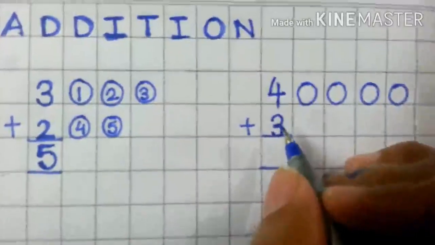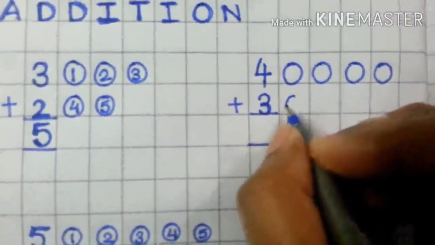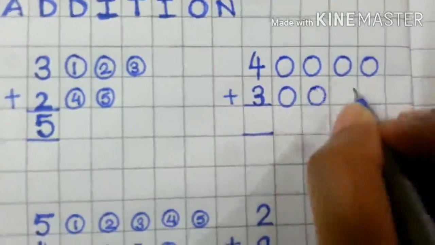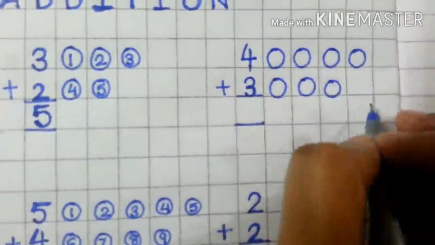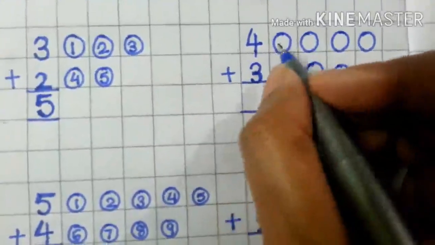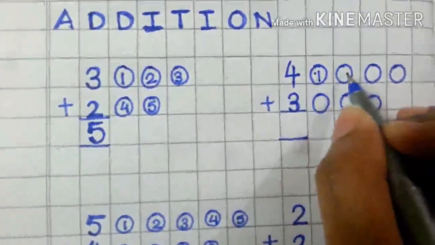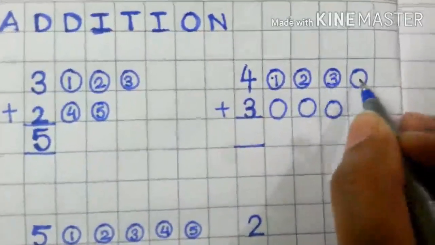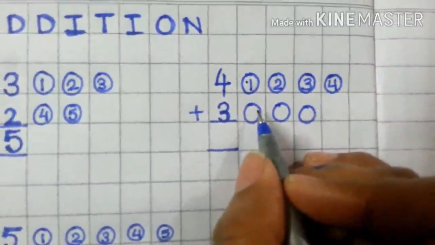Now come to number 3. For 3, we will draw 3 marbles. 1, 2, 3. So let's count total number of marbles we have. Let's count. 1, 2, 3, 4. Follow the forward counting.